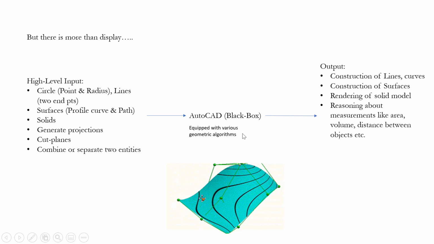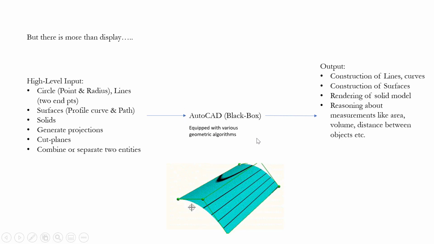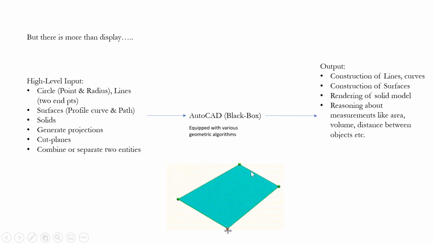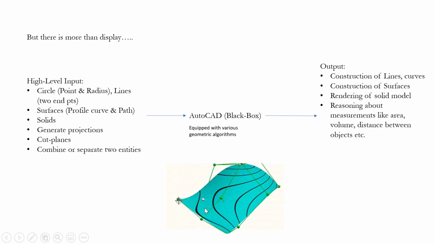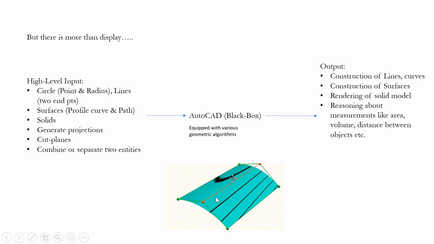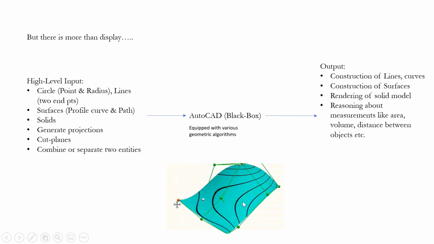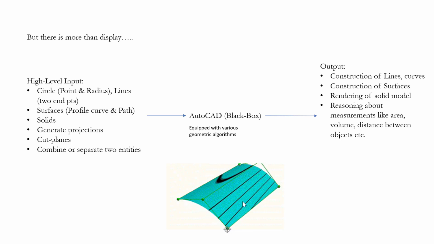Now again, AutoCAD can be seen as a black box, but it is equipped with a lot of algorithms and mathematical models. So you see here, first you have drawn a base, and then you are interacting with your mouse and trying to skirt, the way a potter skirts a pot while it generates a pot, right?